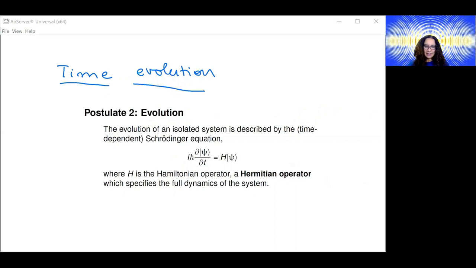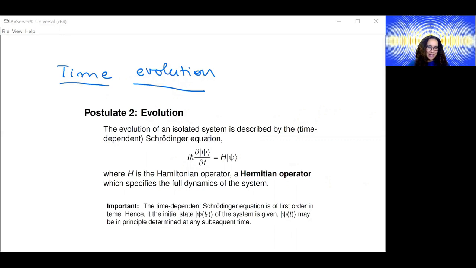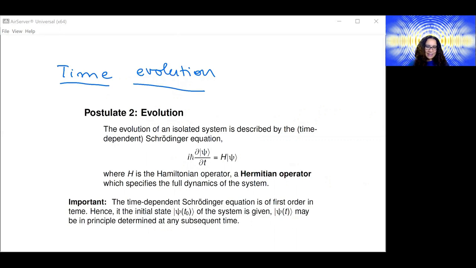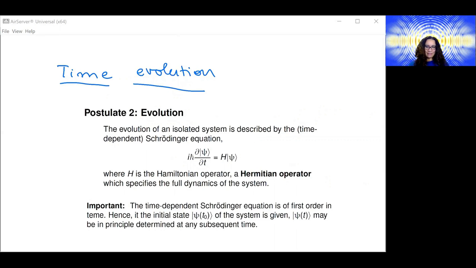So we're going to see a few more interesting things here. And in fact, let's have a look, mathematically speaking, at this time-dependent Schrödinger equation. Can you see it is of first order in time? You have here i ħ first derivative with regard to time of psi, and then here you have the Hamiltonian and psi. So what does this mean?